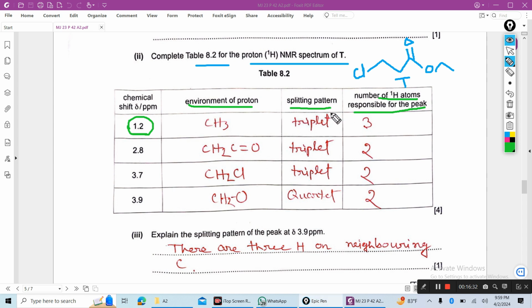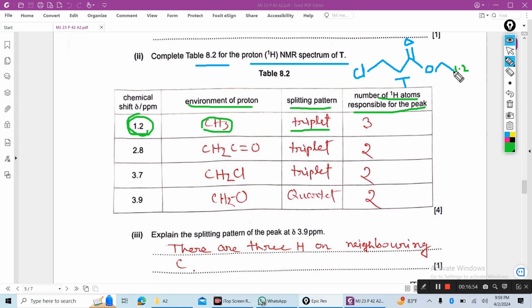You see 1.2, this is CH3. The CH3 proton is responsible for the peak at chemical shift 1.2, and this will be a triplet.